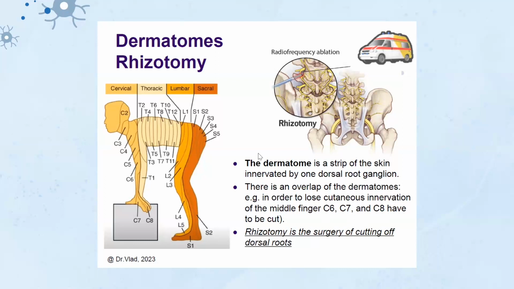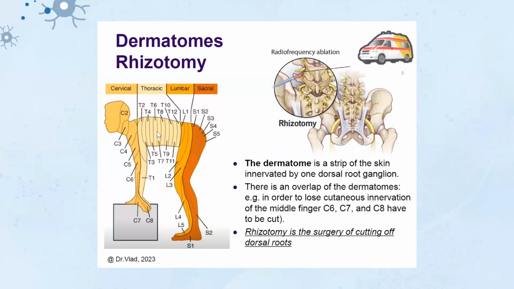So again, each strip of skin has only one dorsal root ganglion innervating it. This is called a dermatome. This is a dermatome, this is a dermatome: T4 dermatome, T5 dermatome, and so on.